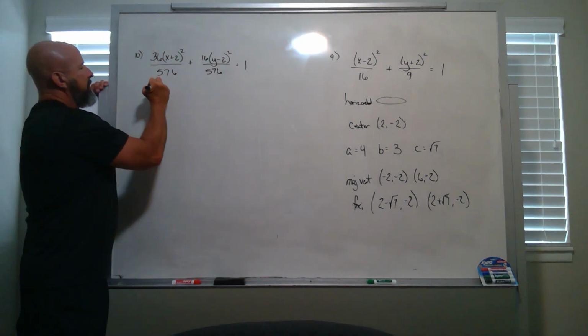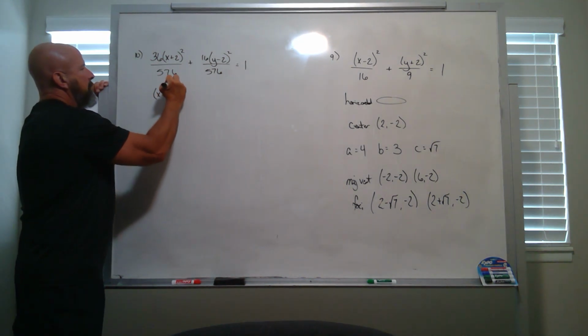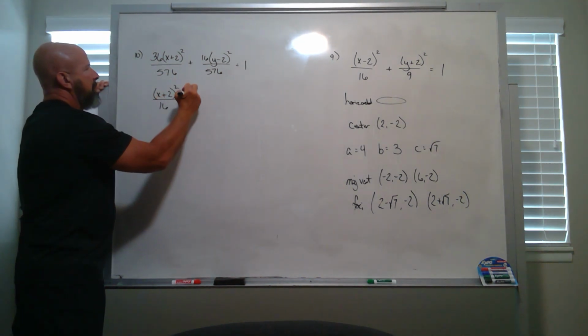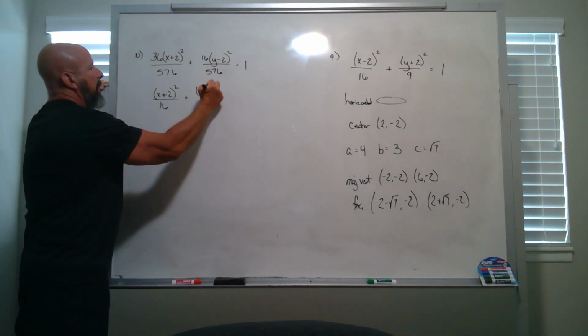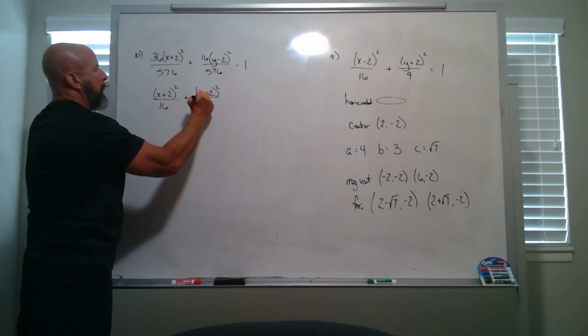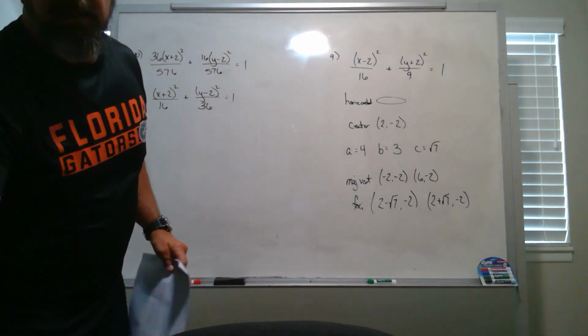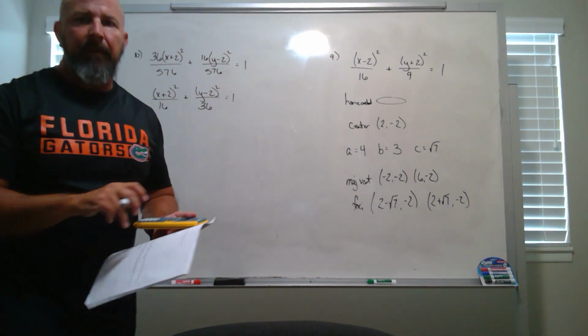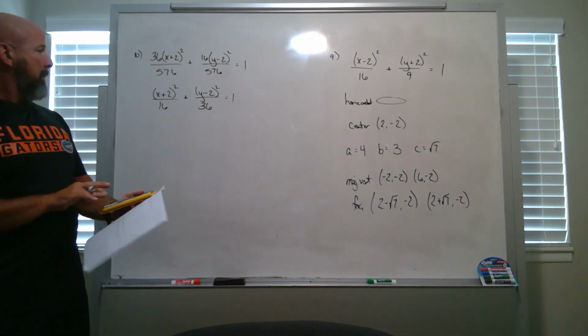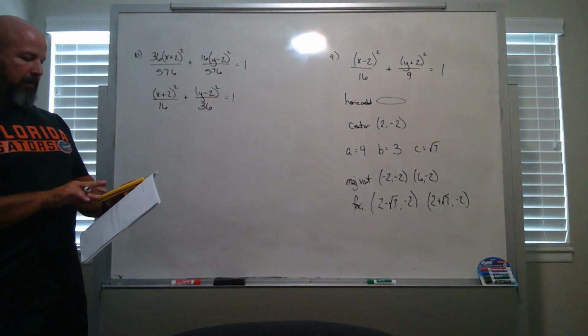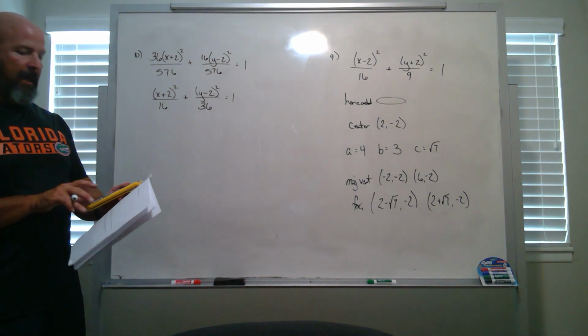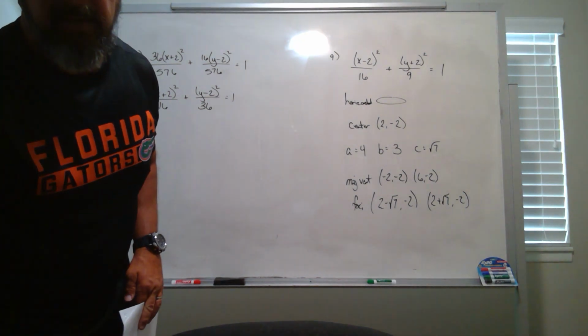So when this reduces, I would have x plus 2 squared over 16 plus y minus 2 squared over 36 is 1. And let me just check my division there, make sure I'm right. Yeah. All right.